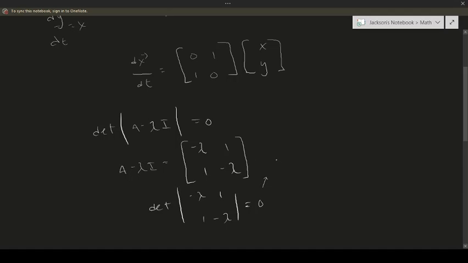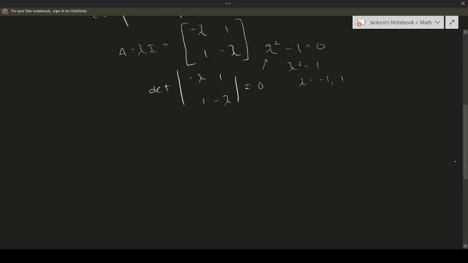So negative lambda times negative lambda is lambda squared, minus 1, and that's equal to 0. And so lambda squared is equal to 1, and so lambda is equal to negative 1, 1. Those are our two eigenvalues. We're going to set our first eigenvalue to negative 1, and our second one to 1.